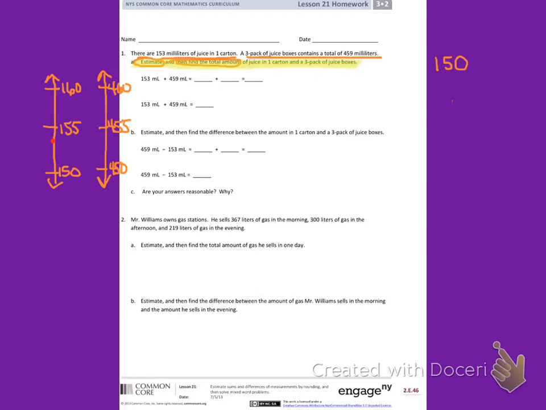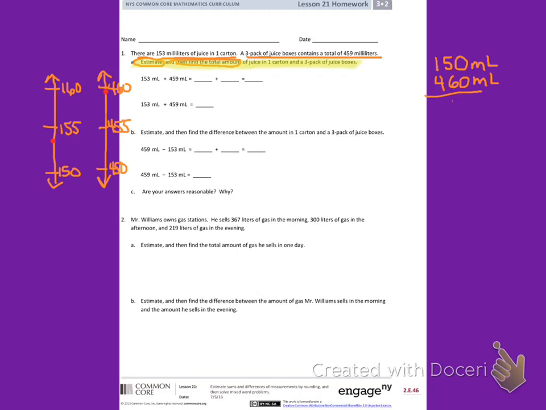That will be right here. Again, it's easy to see that the number 459 rounds to 460 when rounding by tens. Now I will put a lowercase m and a capital L next to each of these numbers to remind myself the unit of measurement is milliliters.